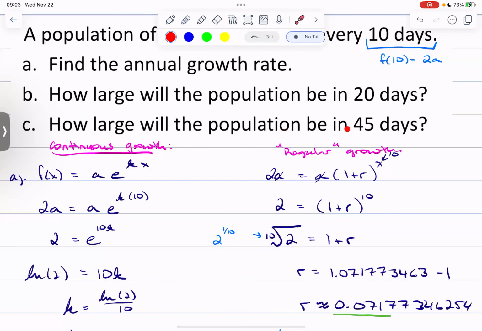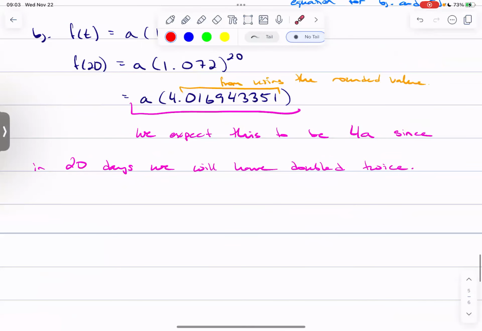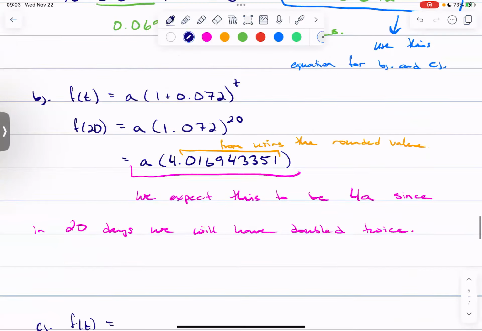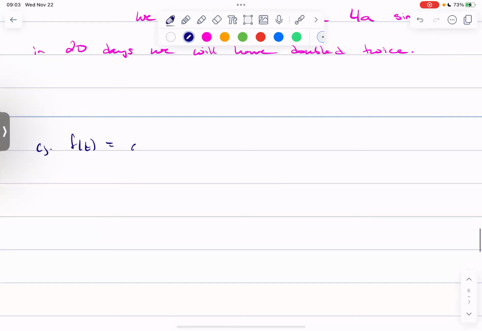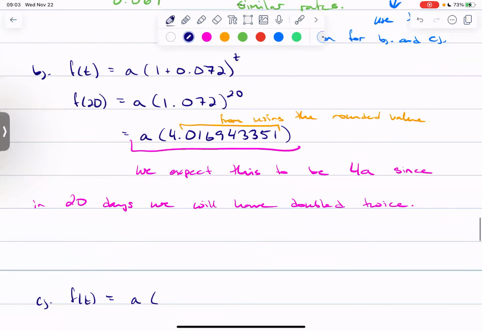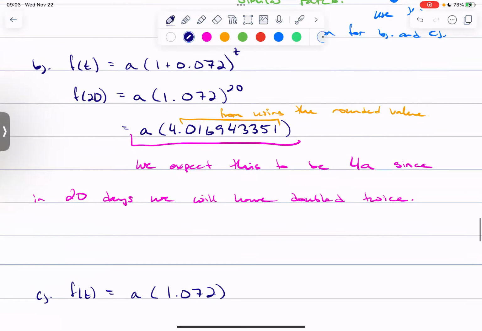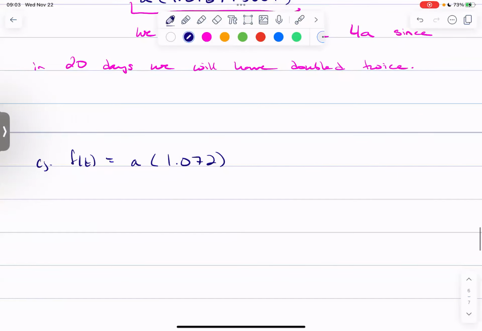How large will the population be in 45 days? Right. So now, 45 days, I've got f of t is a times 1.072. It's like I won't learn my lesson. I'll use the rounded value.